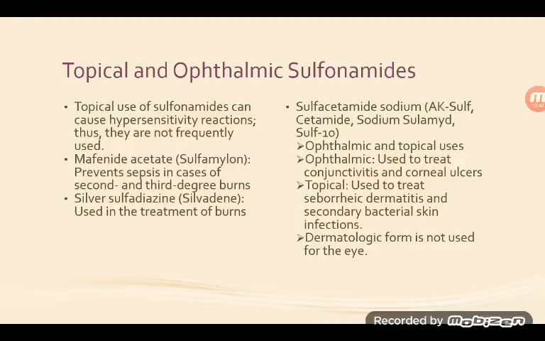Ophthalmic sulfonamides are used to treat conjunctivitis and corneal ulcers. And again, when we're giving those, we want to put that into that lower lid, the pink area, into the conjunctiva.